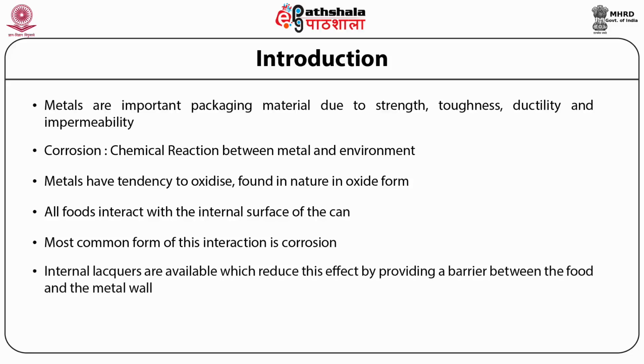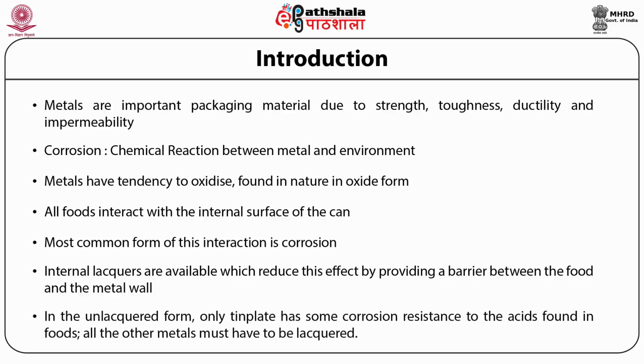But internal lacquers are available which reduce this effect by providing a barrier between the food and the metal wall. It also allows the use of other forms of metal containers like tin free steel or aluminium, which would otherwise be corroded very quickly.